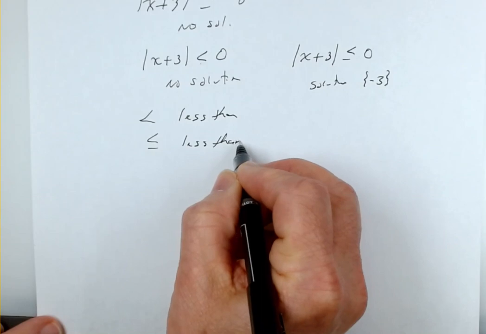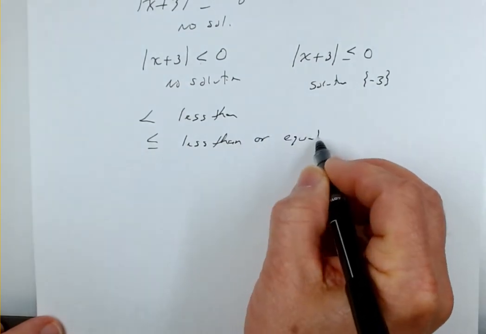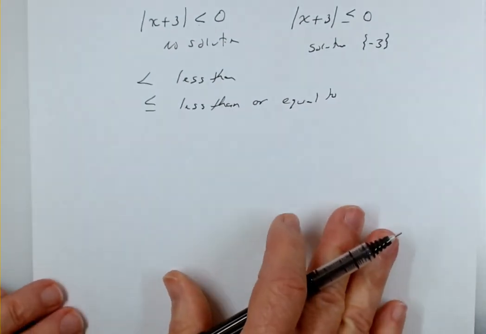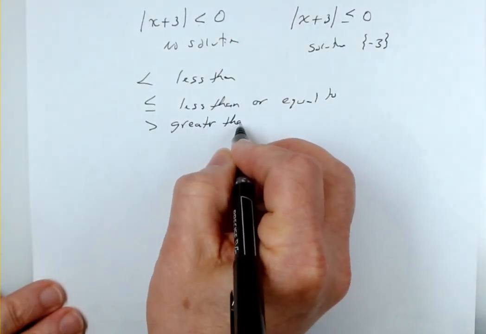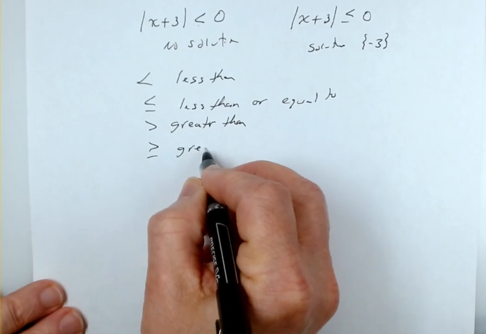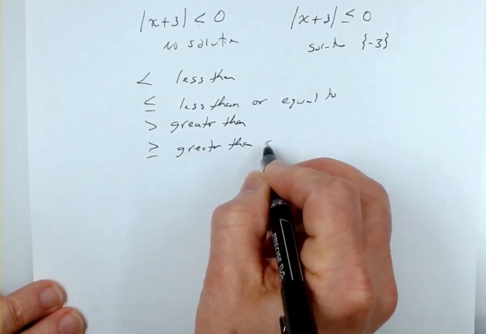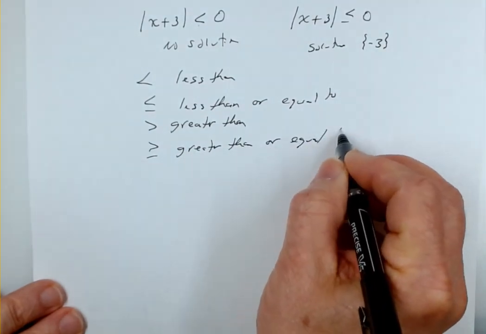Can you just write a note of elementary algebra, just a notation of the symbols real quick? Less than, less than or equal to. It also helps when you're doing the number line and drawing arrows. Greater than, greater than or equal to. The way the triangle points is what the symbol is.